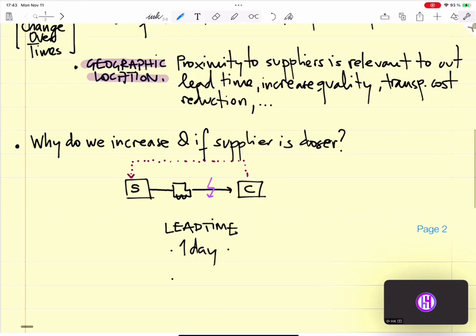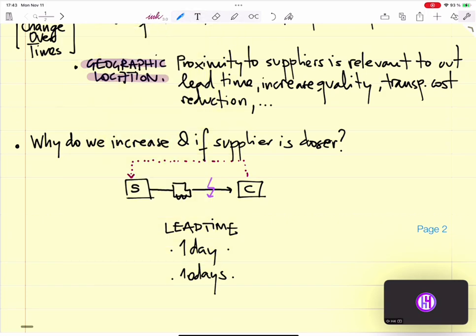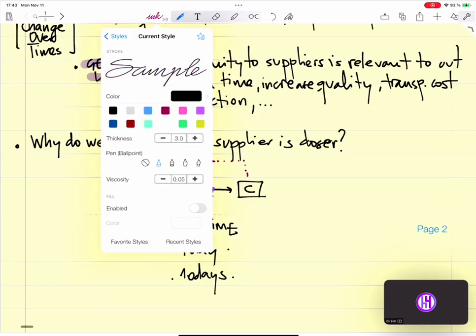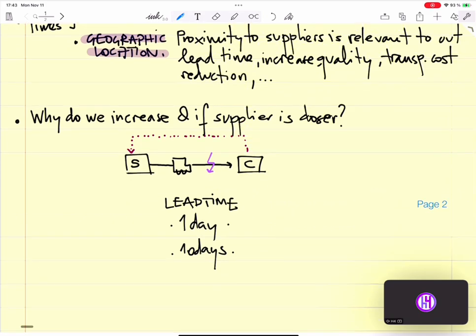But if we have 10 days, we have 10 days of infected inventory before we can know that we have a problem in the inventory. So we have 10 days of inventory there, and so on and so forth. Okay. The closer the supplier, the better the quality, because lead time is going to be better.